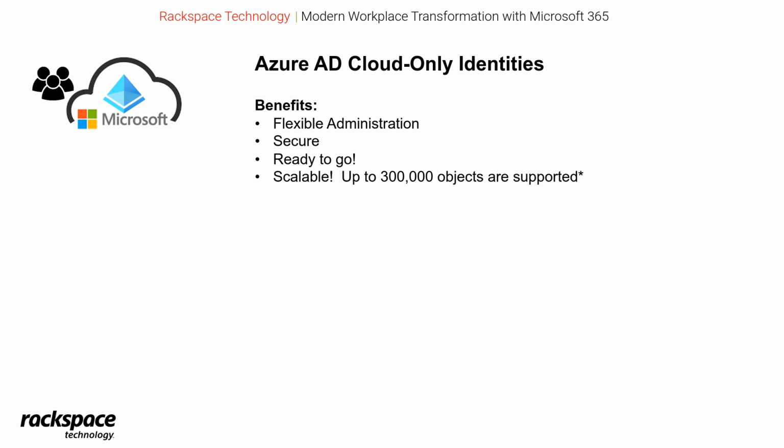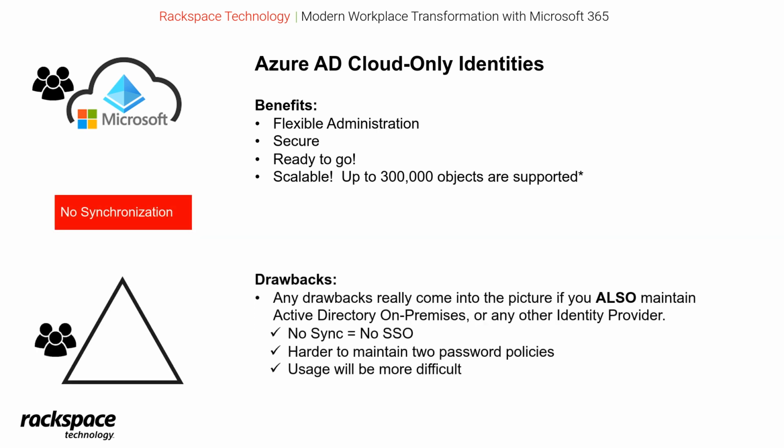It's secure, although with additional policies and conditional access, we can get onboarded with additional security. It's ready to go, and it's scalable. And when you bring your actual domain over, your own custom domain, you can support up to 300,000 objects.